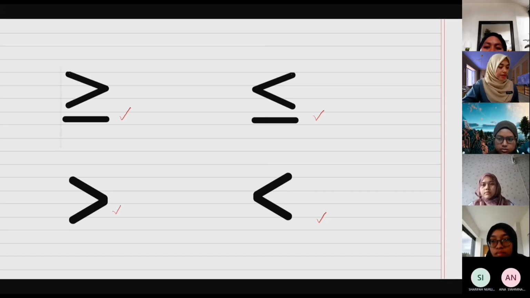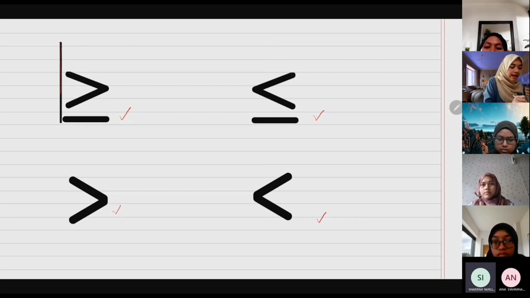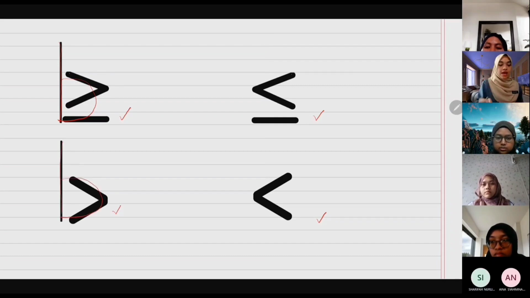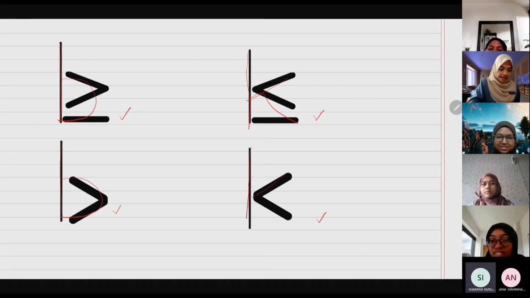For example, if you draw the straight line here, you can see the letter B. B here refers to besar. Here, if you draw the same straight line, you also can see the letter B. For the less than or equal, and also less than, you can draw the same line, the same method, so that you can see the letter K here. K here refers to kecil. All right, you can see this is letter K.